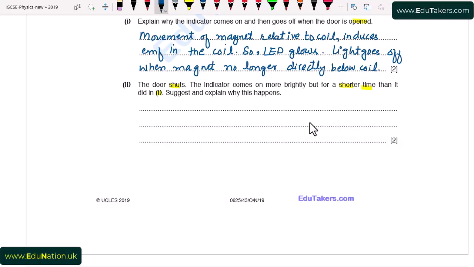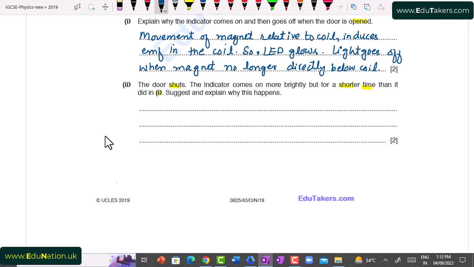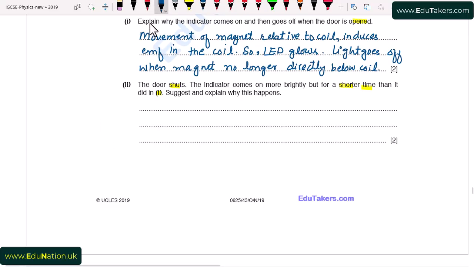And as we know that EMF is equal to change in field line over time.